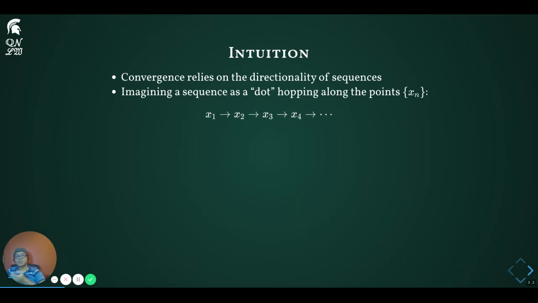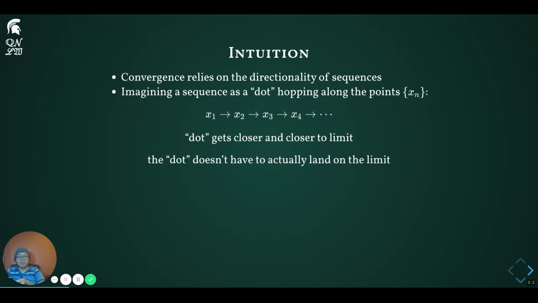So the dot starts at the value that is x1, then it jumps to x2, then it jumps to x3, and then x4, and so on. Remembering that the sequence is allowed to repeat values, the dot is allowed to jump back to values previously visited. The notion of convergence describes a process where the dot gets closer and closer to a particular value.